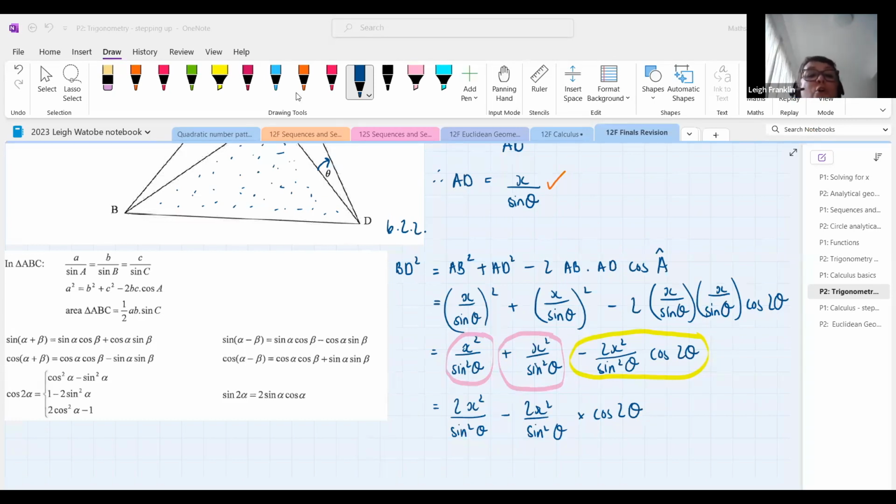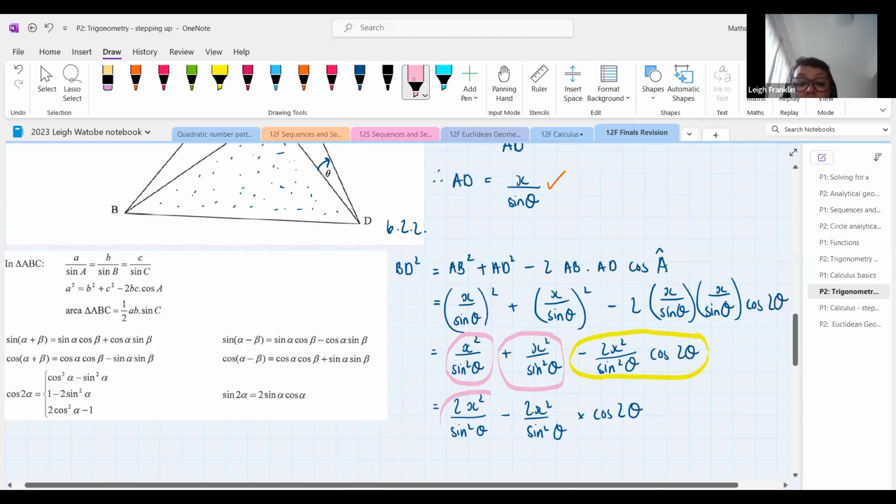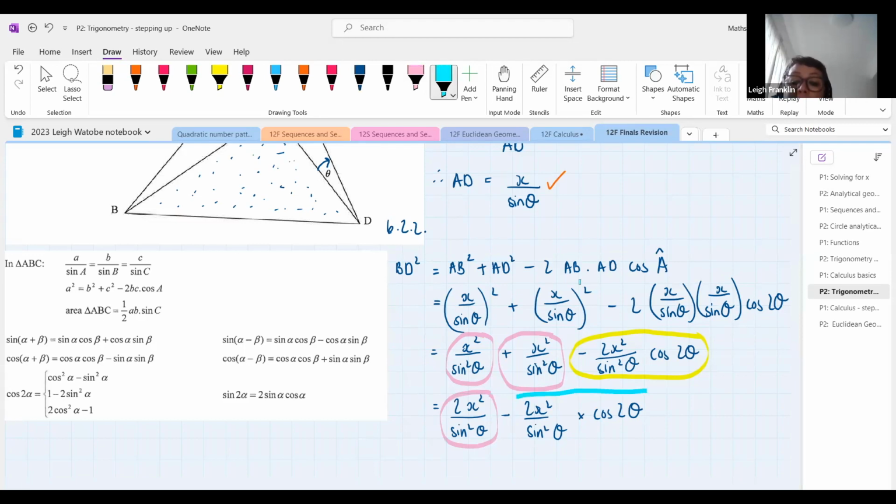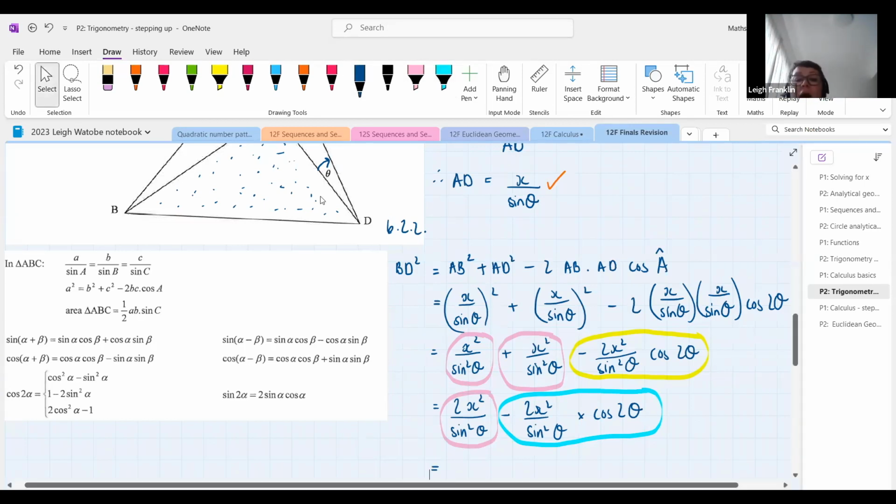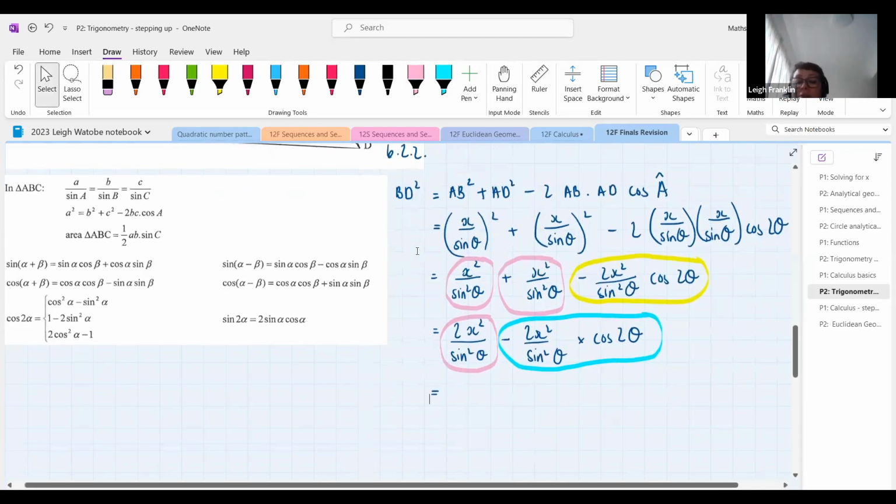So now I have 2 terms. These are also unlike terms, so I can't subtract them from each other. I have to factorize. That means I'm going to have to take out a highest common factor.